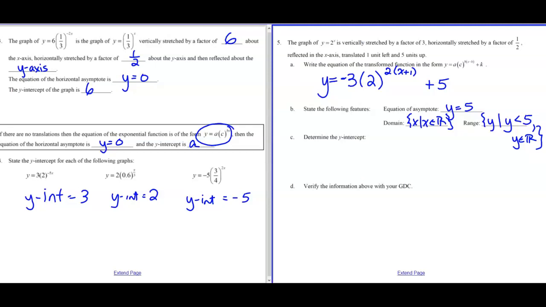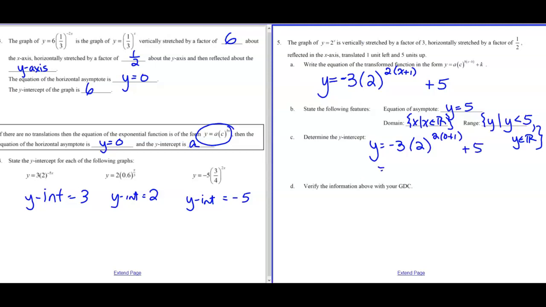Now the y-intercept is not going to be negative 3 here, yeah? So, how this compares to the last one we were doing, this has translation stuff. So that's going to change your y-intercept. Right? It's not just the negative 3 here. So in this one, I would probably, just to be safe, substitute 0 in for x.